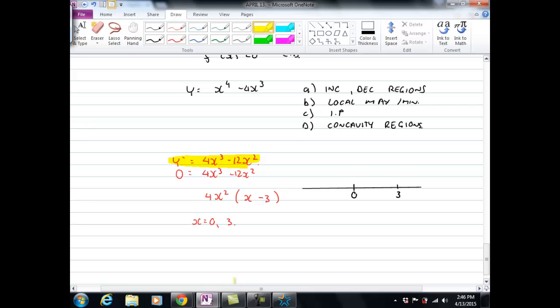Okay. Test your regions. I'm going to test in -1. If I test -1, the graph should be going down, I believe. And the beauty about this is there's actually a nice trend. If one goes down, the other tends to go up. Oh, you got down also? Oh, sorry.